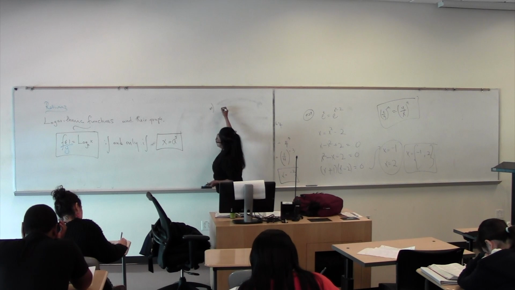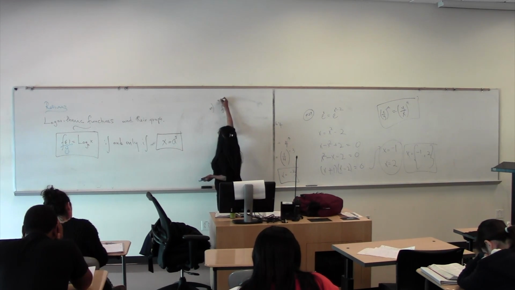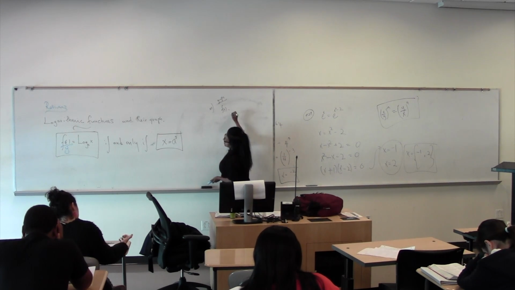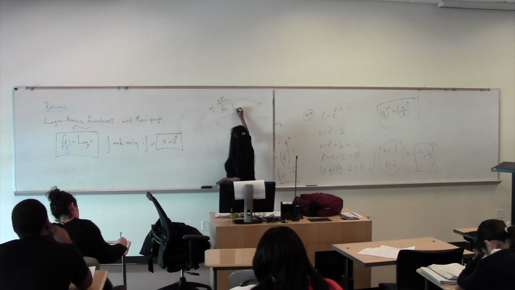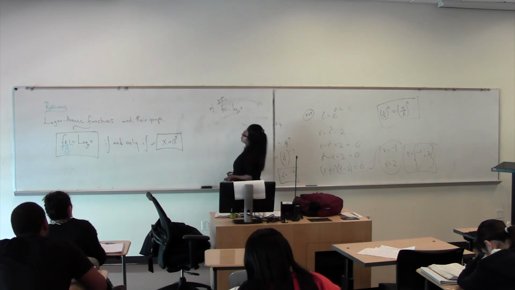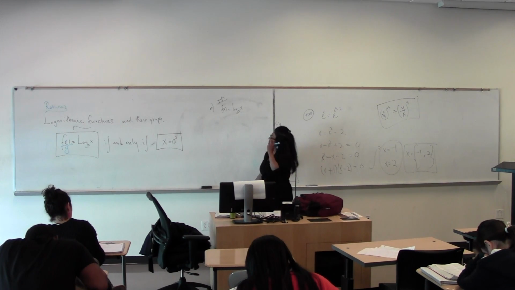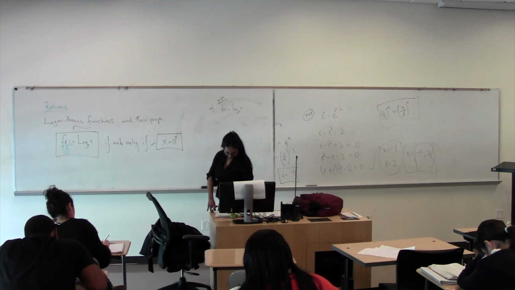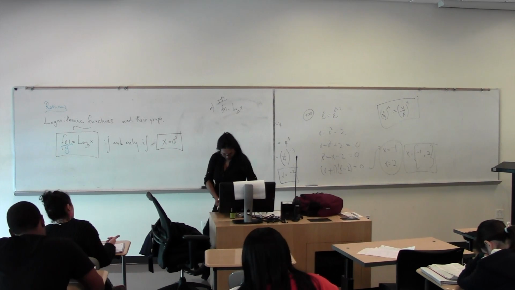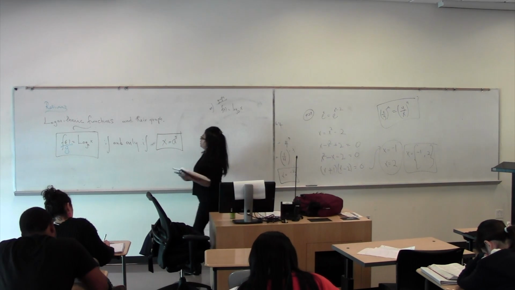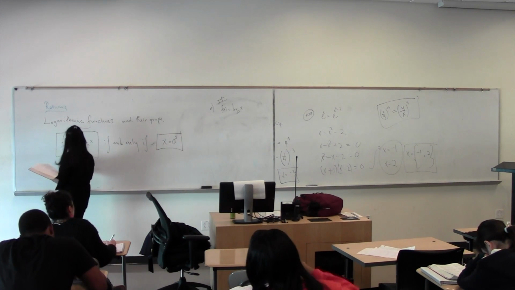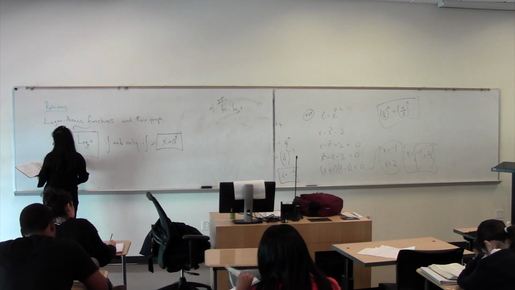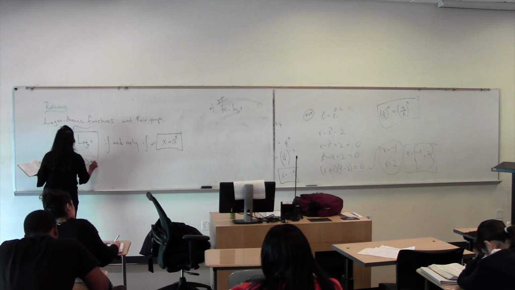Let's do a basic example. Graph f of x is equal to log base 2 of x. Now for logarithmic functions we also have to write the restriction, x greater than 0.